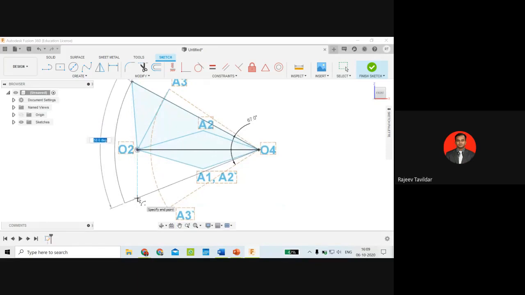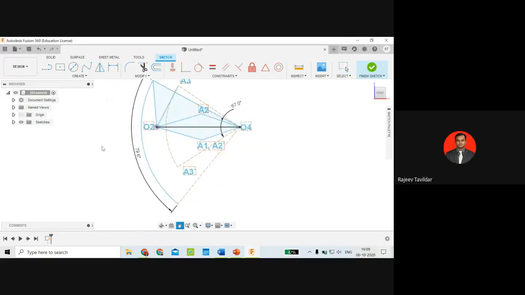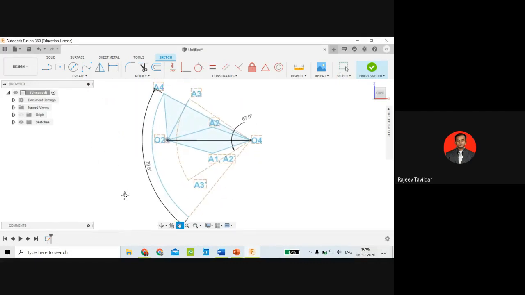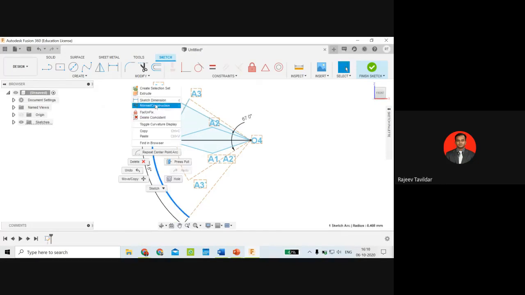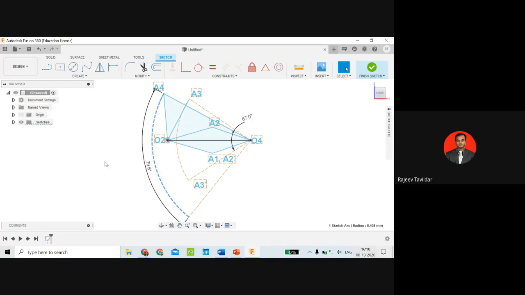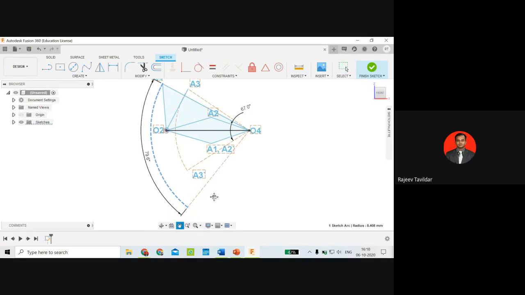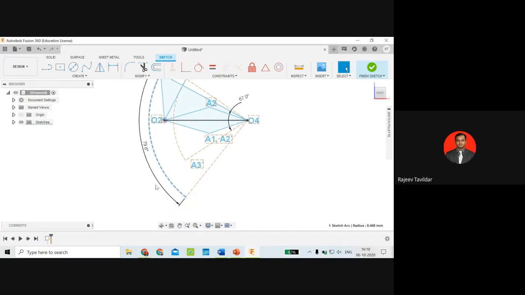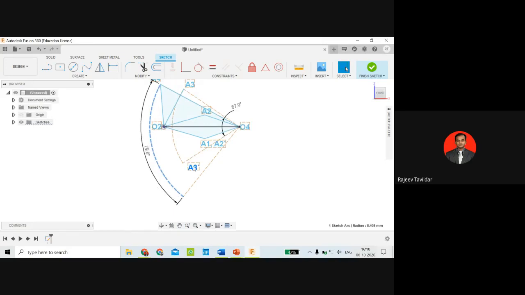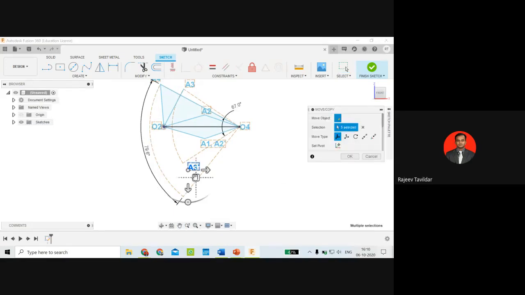So I need to rotate this by 79.6, so that you will get A4 dash over here.